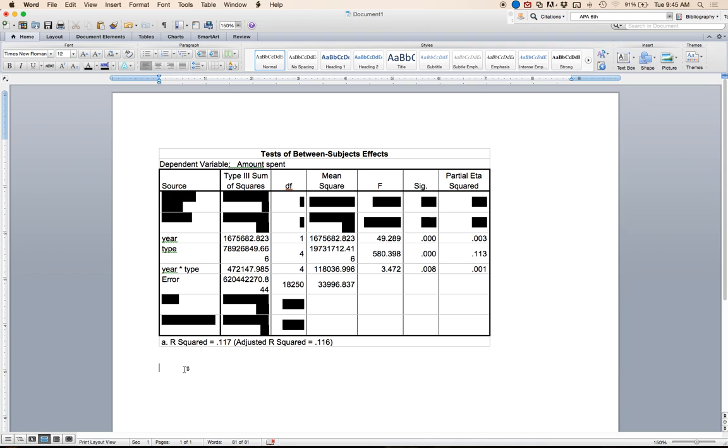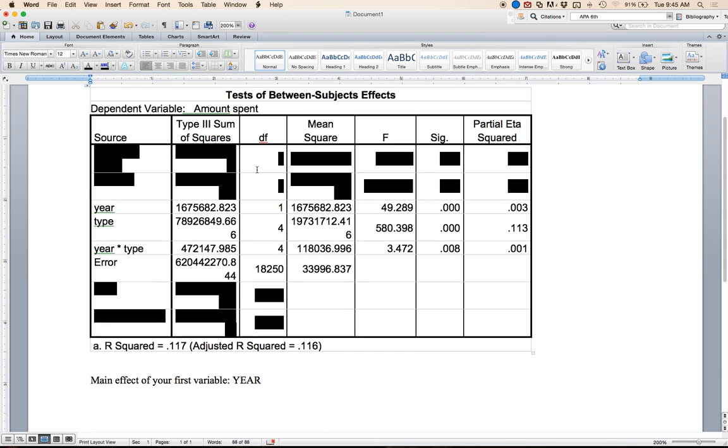Okay, so the first thing it does is it gives you a main effect of your first variable, which in our case is year. And what that means is that it's run an ANOVA as if year was the only thing. So these are the main effects as if the other variables didn't exist, which tells me if that IV all by itself was useful.